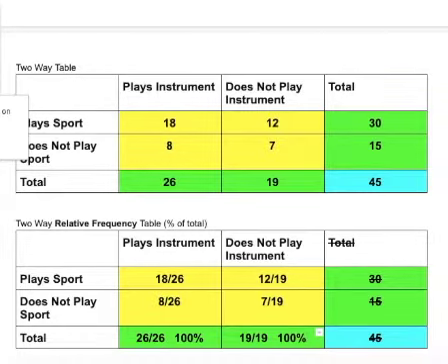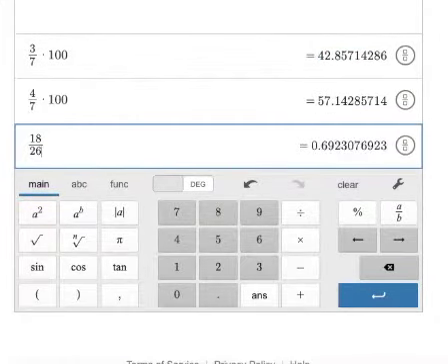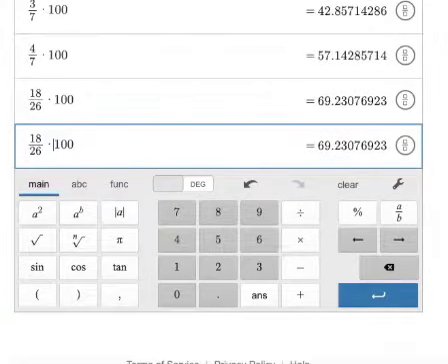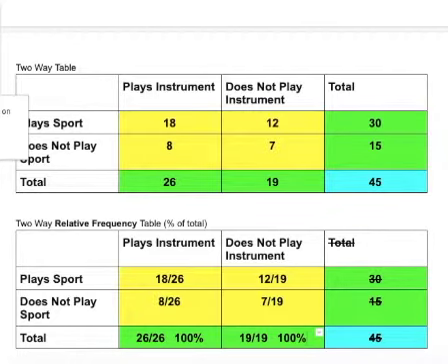So let's see, our math. Decimal calculator. So you have 18 and 8 out of 26. So you have 18 divided by 26 times 100. Then we have 8 out of 26 times 100. Right, we got 69% and 31%. And then we have 12 and 7 out of 19.